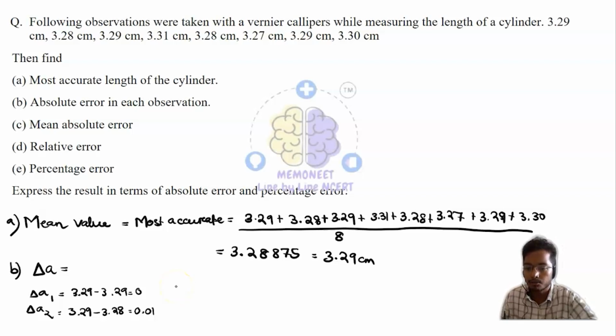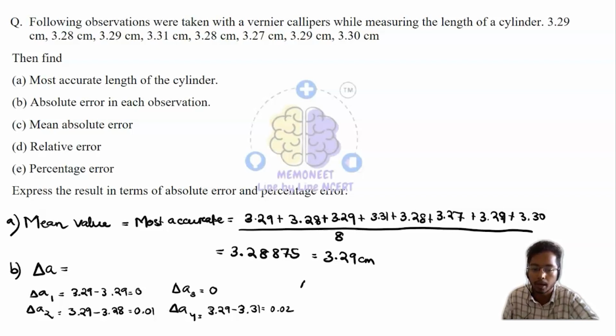If we try to find del A3, that will be 0.0 centimeter, because 3.29. Then del A4 is 3.31 minus 3.29, which will be 0.02. As we are trying to find the absolute error, it will always be positive.